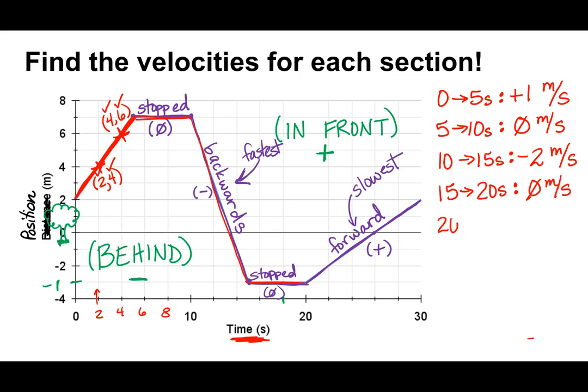And then from 20 to 30 seconds, that is this one right here, is positive 0.5 meters per second.